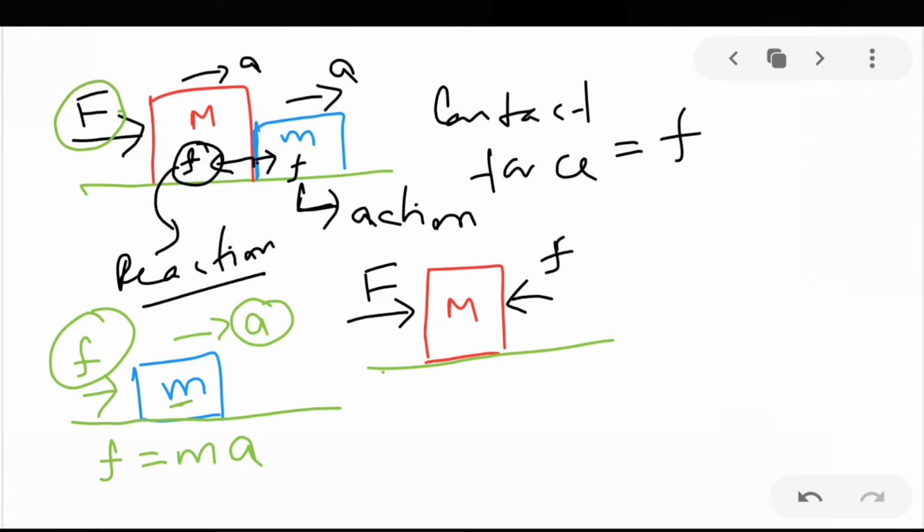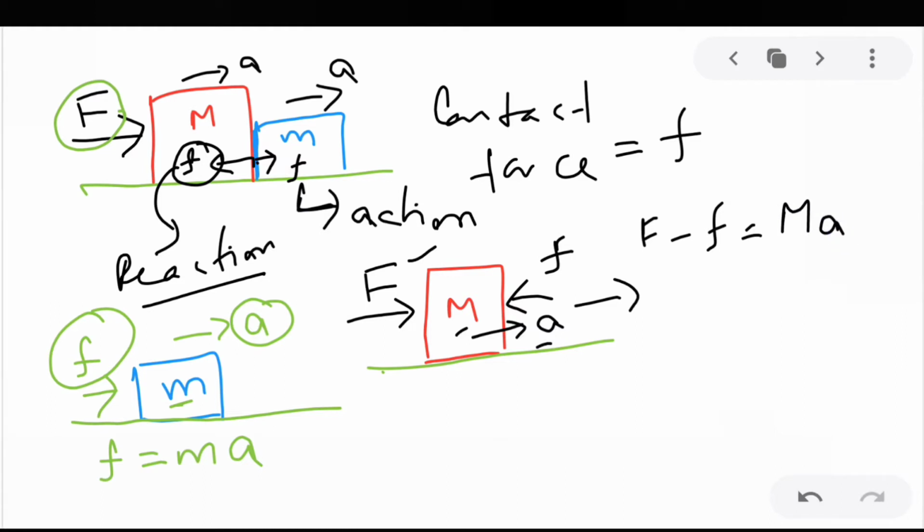But this mass is moving in the forward direction with acceleration a. That means capital F is of greater magnitude. So the net force will be capital F minus small f, which is equal to mass into acceleration, so capital M into a.